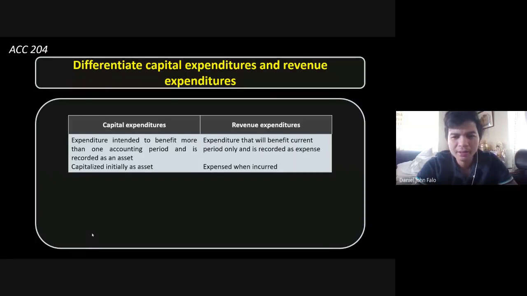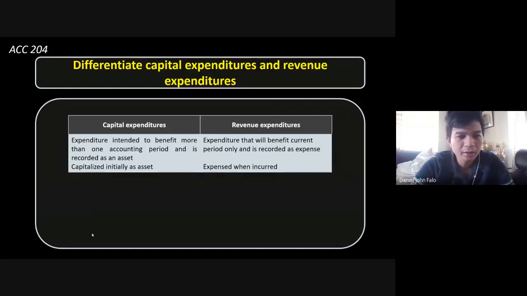so it would be recognized as expense. So the best example of capital expenditure is the acquisition of property, plant, and equipment, machineries, equipment, building, and other fixed assets. It means that nag-acquire ka ng machinery. The machinery would be used for 1 to 3 years. Kung saan, the machinery would benefit the company for such years.